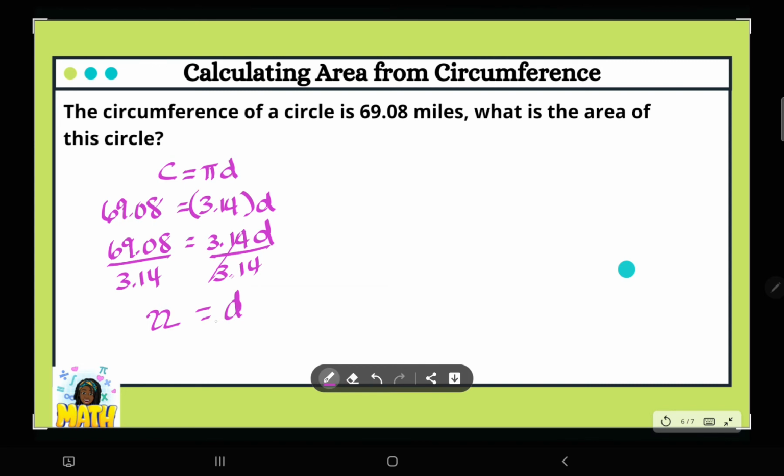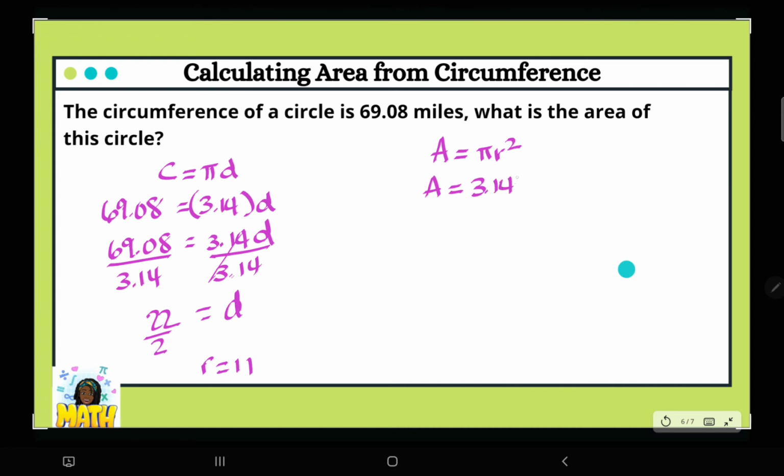That is the diameter. I need the radius. I'm going to divide that by 2. So the radius is equal to 11. Now I'm going to write my formula for the area of a circle, which is A equals pi r squared. I'm going to substitute 3.14 in for pi, and the 11 is my radius, and that's being squared. 11 squared is equal to 121, and we're going to multiply that by our 3.14.